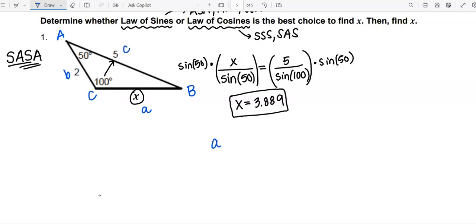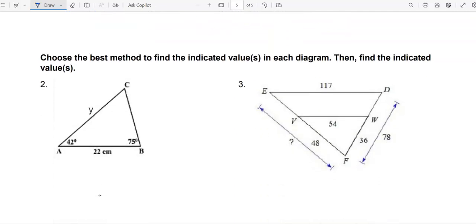You're trying to find little a, so start with a squared equals b squared plus c squared minus 2 times the letters you just used, which were b and c, times cosine of, if you started with little a, you have to end with big A. If you have extra time today, maybe you try that, if you want to see if you're okay with law of cosines. You should end up with a equals 3.889. So just something that you could try if you'd like.